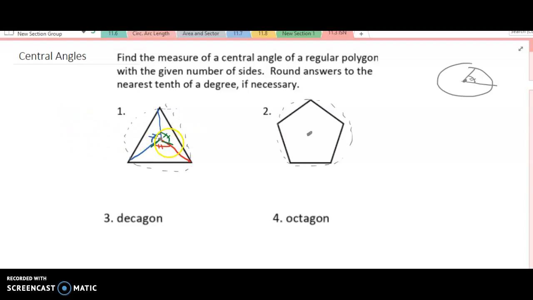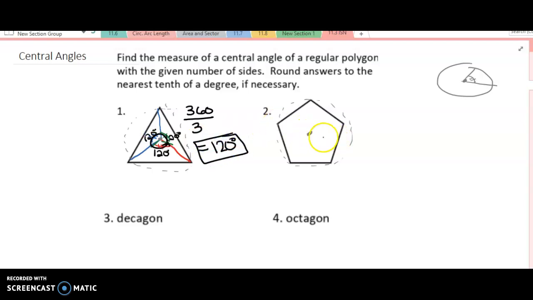Think, if I went all the way around this circle, that's 360 degrees, and I have 3 equal central angles. If I divide this by 3, that gives me 120. That means each one of these central angles is 120 degrees.